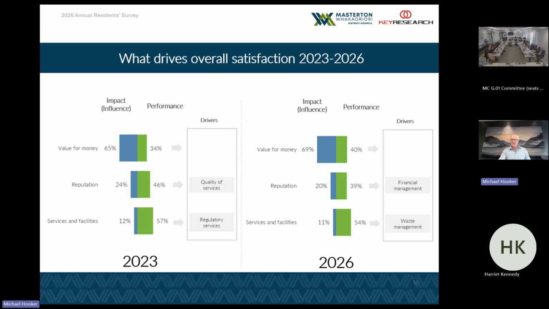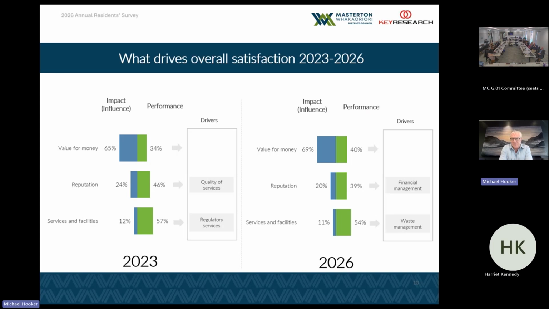If we look at that particular model, how it may have shifted since 2023, it's remained relatively stable, which is good. So we see actually a slight increase in terms of the influence of value for money in 2026. Reputation slightly declined in terms of influence, and services and facilities are relatively the same.